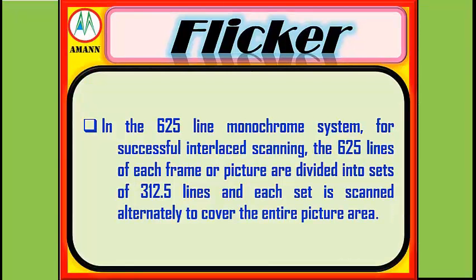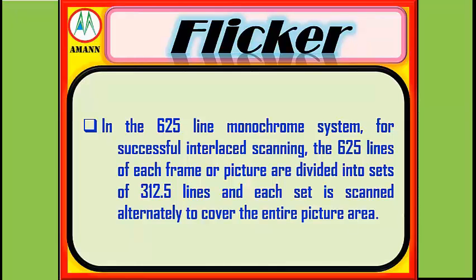In the 625 line monochrome system, for successful interlace scanning, the 625 lines of each frame or picture are divided into sets of 312.5 lines, and each set is scanned alternately to cover the entire picture area.